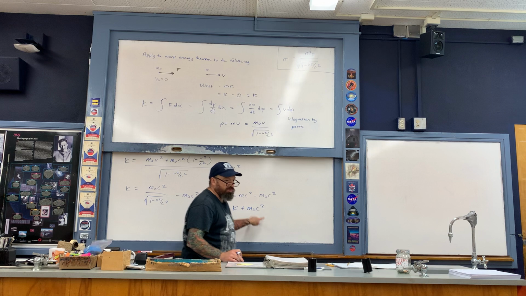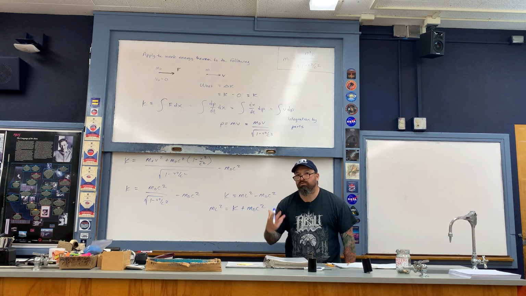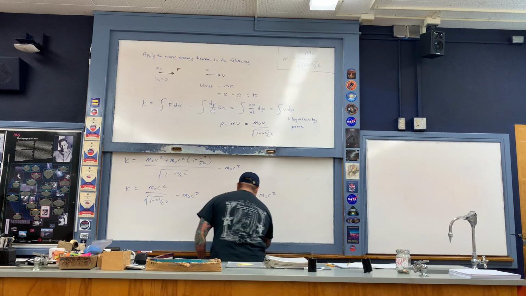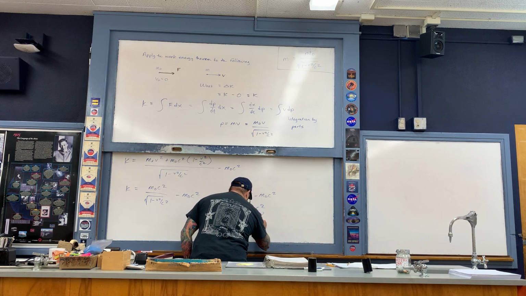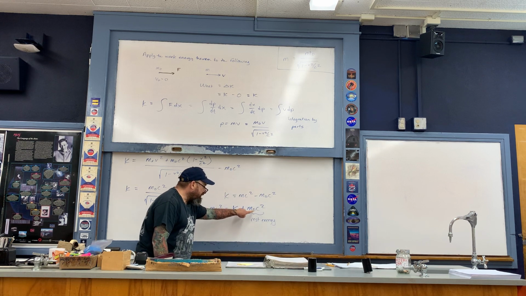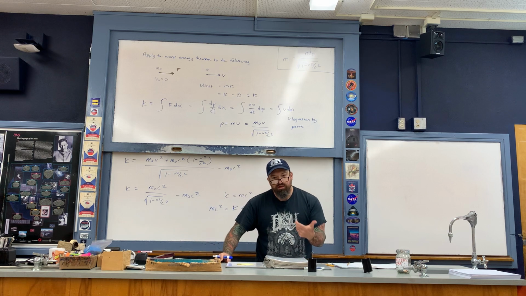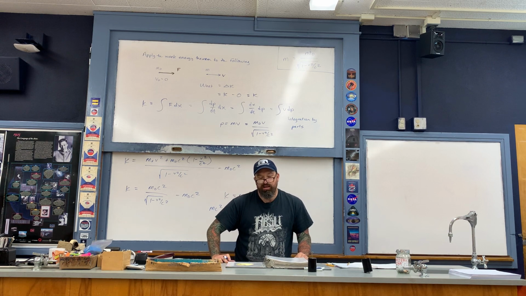What is this expression right here? It is referred to as the rest energy. It is specifically this expression that you always see on posters involving Albert Einstein, the famous equation mc squared.